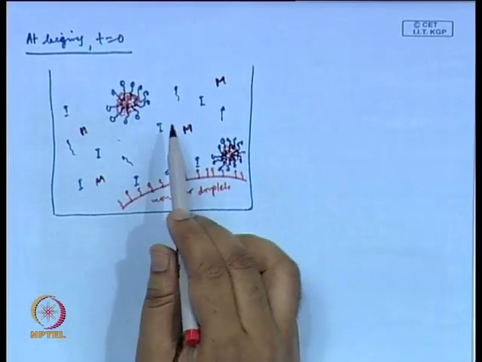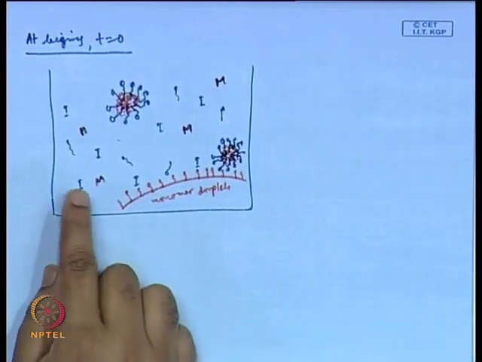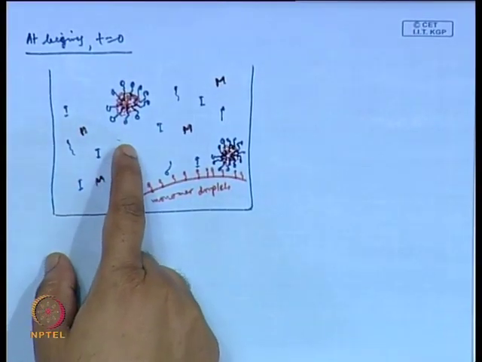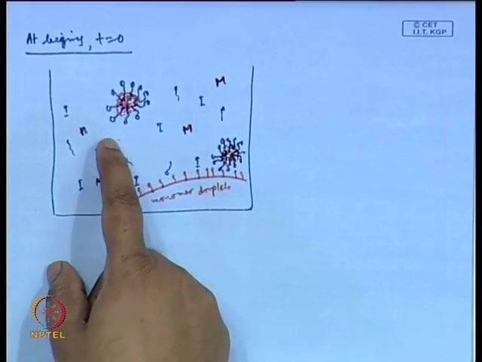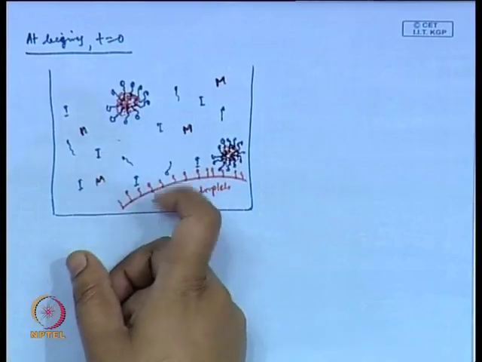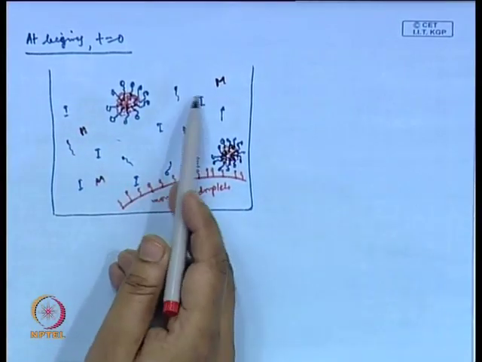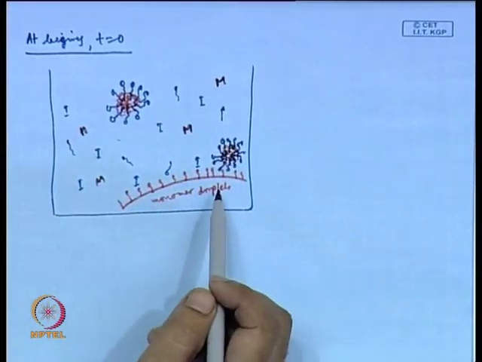So, let me tell you one more time that at the beginning we dissolve the initiator in the water, and then when we add the surfactant, it forms many micelles, and there will be some surfactant as free molecules in the water medium.